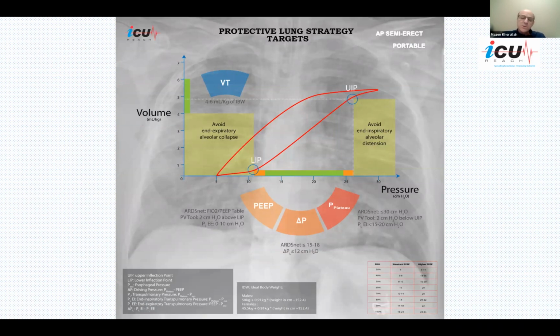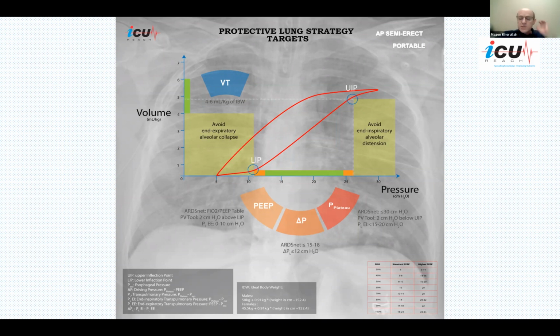And this is, if anything, what was remarkable in critical care science and literature over the past 25 years: protective lung strategy. And we all now follow this very meticulously and strictly.